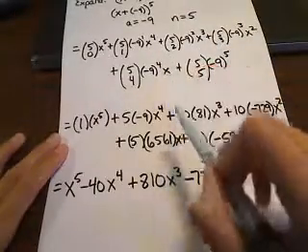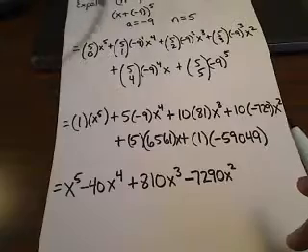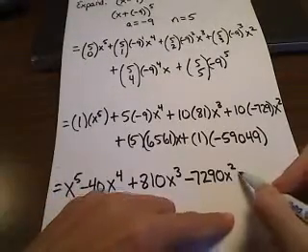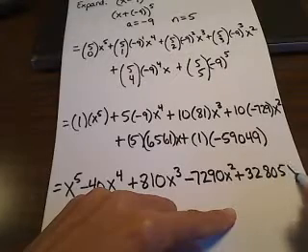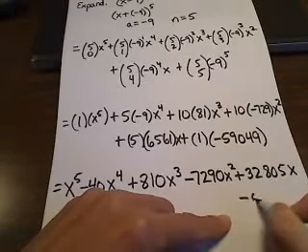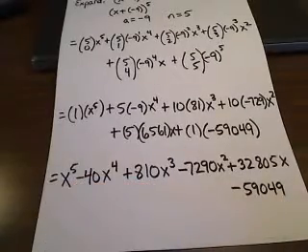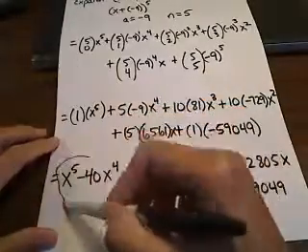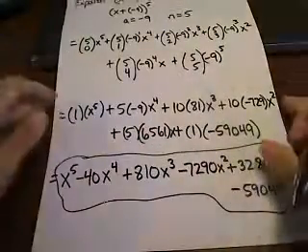And then we have 5 times the 6,561, so we get plus 32,805x, and then minus the 59,049.